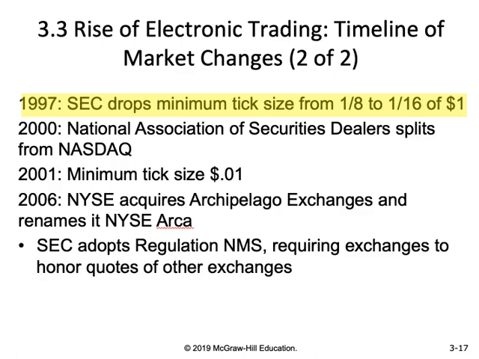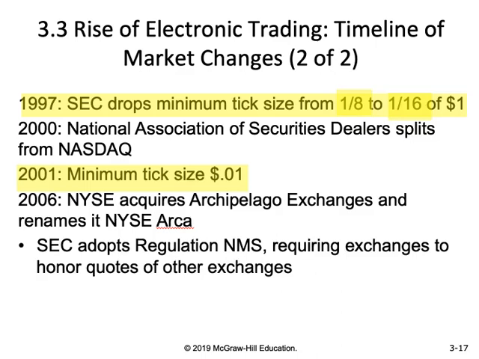And before 97, that number was 1/8 of a dollar. That's 12.5 cents was the minimum. Today, stocks can move a penny or even less. At that time, if they moved up, they went up 12.5 cents, minimum. And then in 97, it dropped to a 1/16, which is 6 1/4 pennies. And then in 2001, the minimum tick size dropped down to a penny. And I've seen trades today that execute at less than a penny.